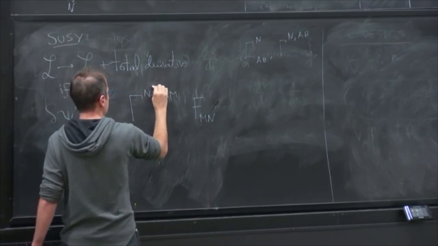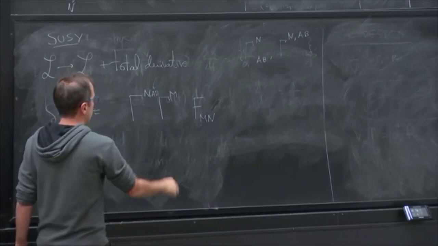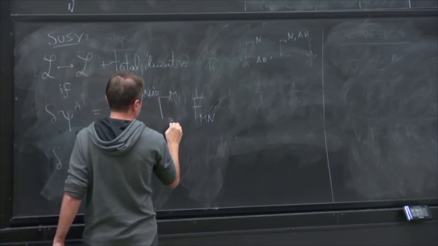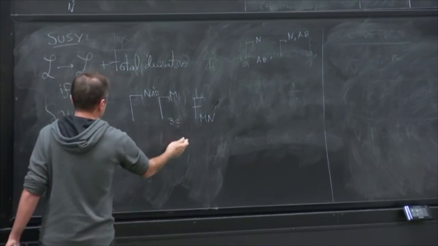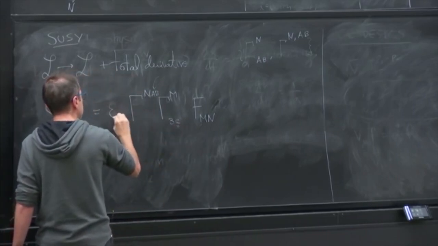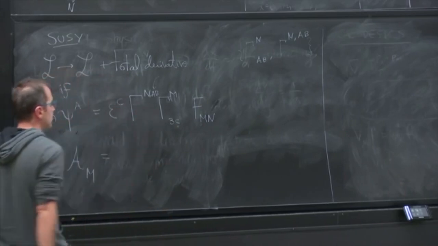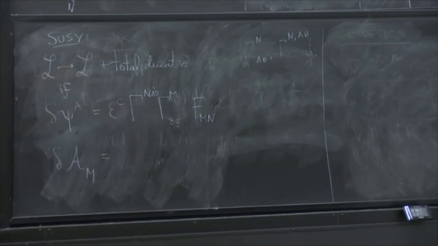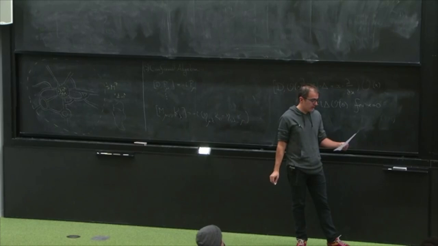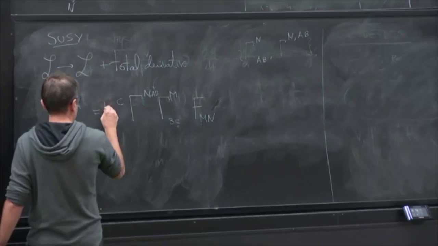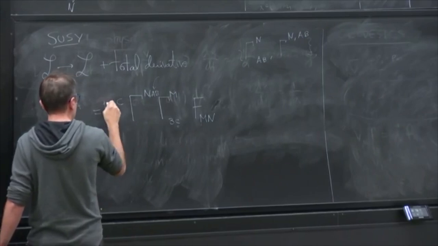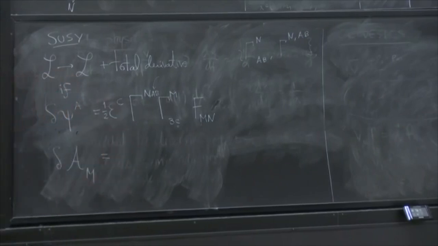Now A is already up here. Then we don't like B, so we could put here BC. Now we kill B, but we still have C, but that's fine. That will be contracted with a spinor epsilon that says I do a transformation in the direction epsilon C. This will be the parameter of my supersymmetry transformation. And by definition, I'll put a 1/2 that I can absorb in epsilon C if I want.